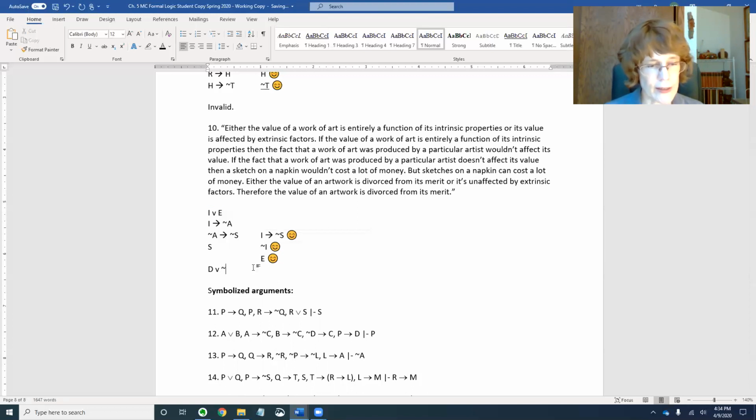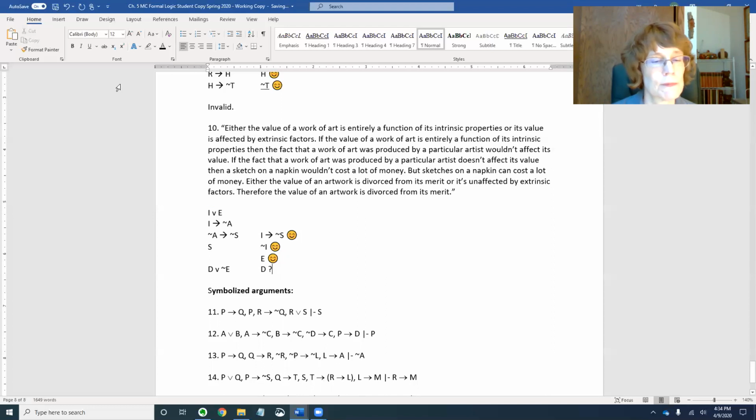So if it's unaffected, it must be not E. And I see the therefore coming up. So we are now supposed to be able to conclude the value of an artwork is divorced from its merit. Is that a valid inference that takes me there? Pause the video, think for a bit, come back when you're ready.